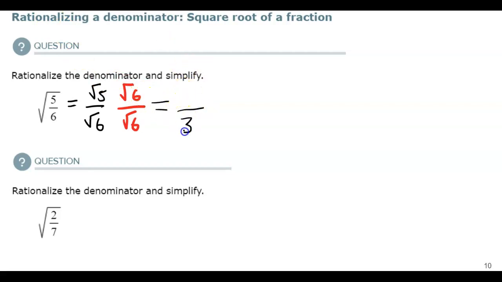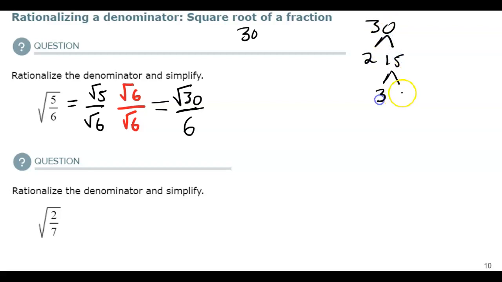So it's square root of 6 over 30. I'm going to think about my 30 broken down into 2 times 15, 3 times 5. So that cannot simplify any further. So that is what it is.